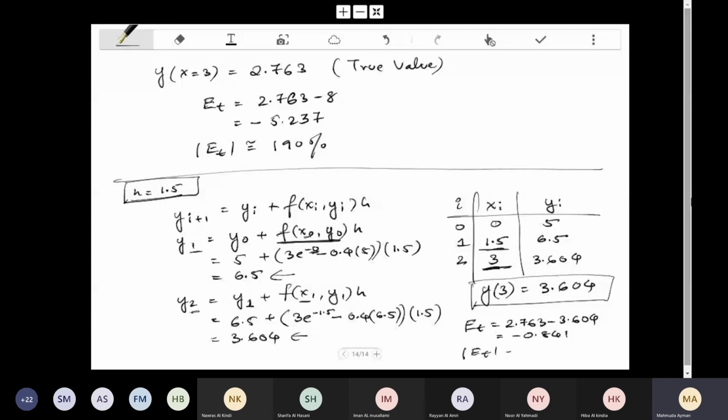And now if we find the relative true error, it will be approximately 30.44%. So the relative true error has reduced from 190% to just 30% now. So the smaller the step size, the more accurate the value will be here.